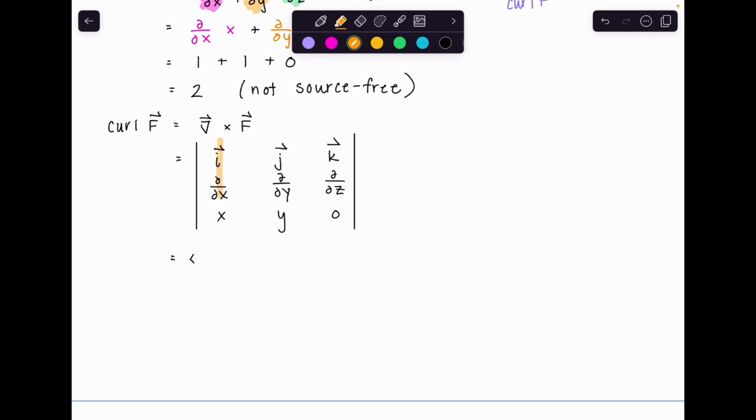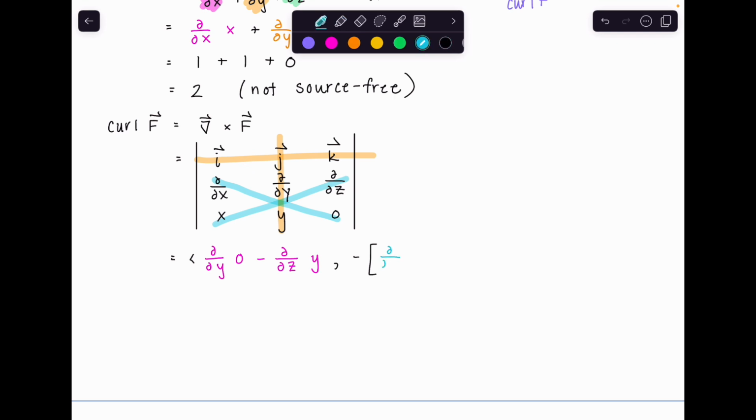Because again, on the iPad, it's nice. The first component I cross out. I take the product minus the product. So this would be the partial with respect to y of 0 minus the partial with respect to z of y. The second piece, I need to put that extra minus sign and then go ahead and get rid of those. And I ignore this piece. So now I do the product minus the product.